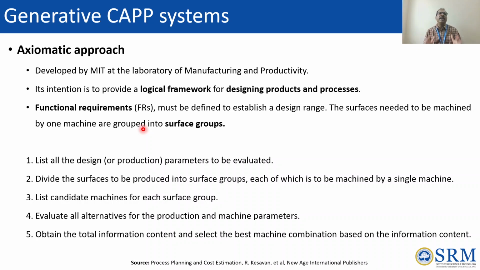Okay, so we need to understand comparing generative type to retrieval type. If I compare, the easiest way is the retrieval type. In retrieval type, we should have a standard process plan. So consider one company going to start its production now. They definitely do not have any production plan or process plan.